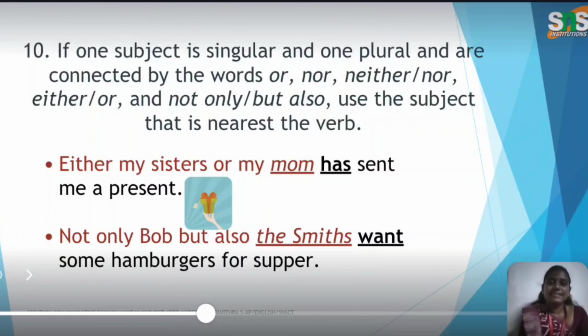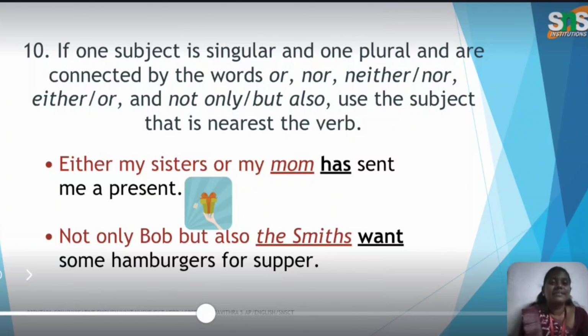Okay, the tenth rule is, if one subject is singular and one plural and they are connected by the same correlative conjunctions either or, neither nor, not only but also, use the subject that is nearest the verb, right? Here we can see the examples. Either my sisters or my mom has sent me a present. Why have we used has here?